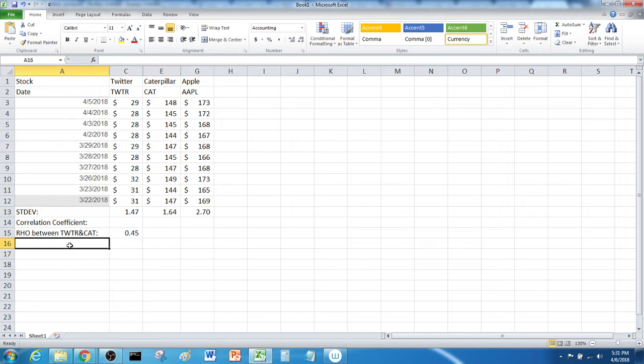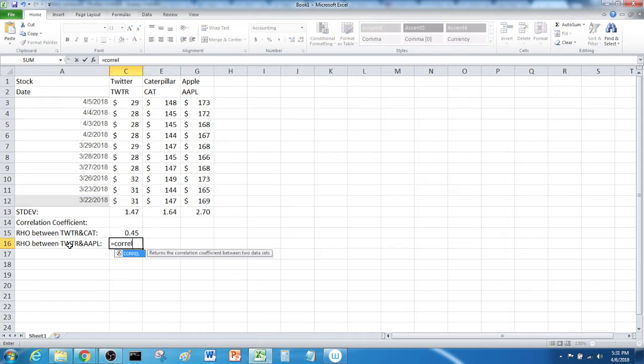Well, what about the rho value, or correlation coefficient, between Twitter and Apple? We could sit here and recompute, but let's just skip that, and we can type CORREL, and then capture the Twitter data again, comma. Now capture the Apple data and see if the correlation coefficient is higher, as we would expect based on our hypothesis.